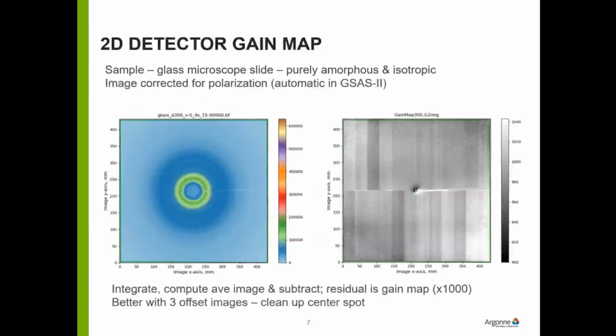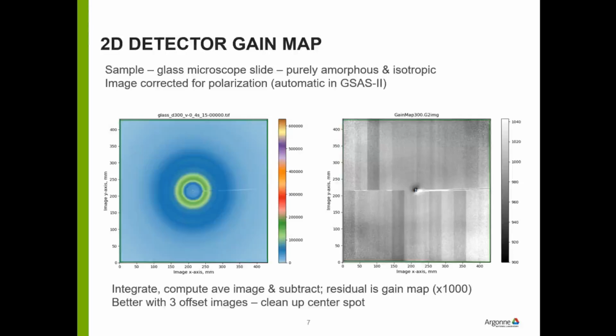That leads to the next topic, which is, and I think we saw an image about like this earlier, the detectors are not uniform. They're constructed of strips of material, each of which has slightly different responses to the X-rays, depending on how they're made.